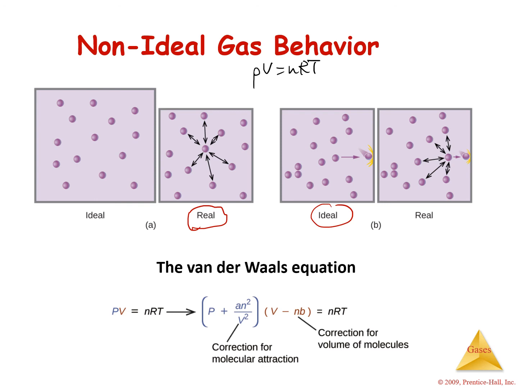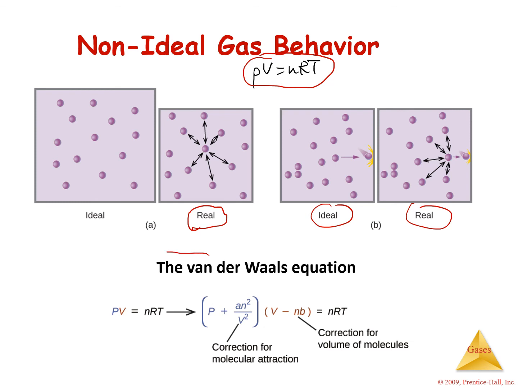If you have the real gas and some molecular attractions are present, the overall force of that molecule, which would generate the pressure on the wall, is of course reduced because it doesn't have as much force to impact the wall. And of course, there are some corrections to that ideal behavior described by PV equals nRT.